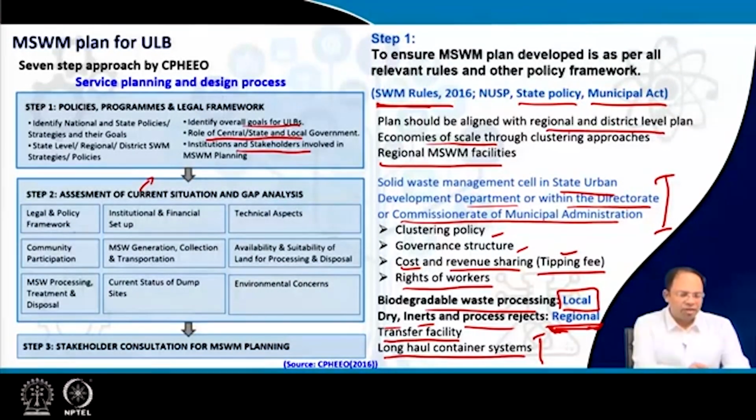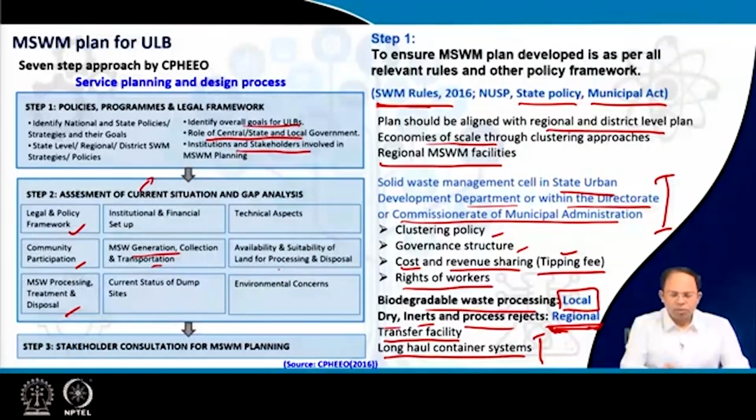For example, we have to look into the gaps in the legal and policy framework. That means, is there a need for new rules, new policies and so on? Community participation: the existing condition of community participation, and what should be done in future. Then the technical part, that is municipal solid waste processing, treatment and disposal, or generation, collection and transportation. So infrastructure, facilities, services, what is the gap in that?